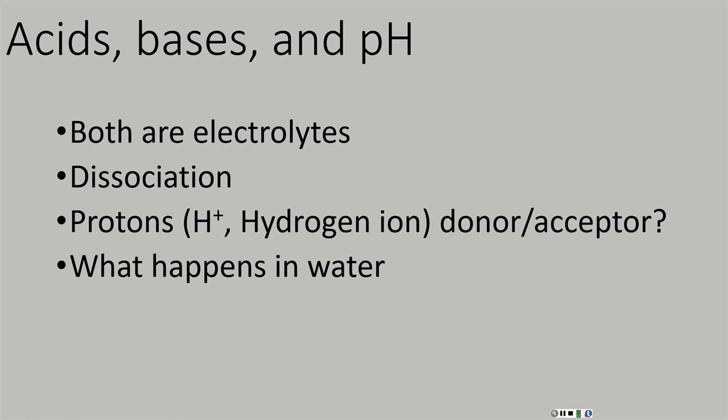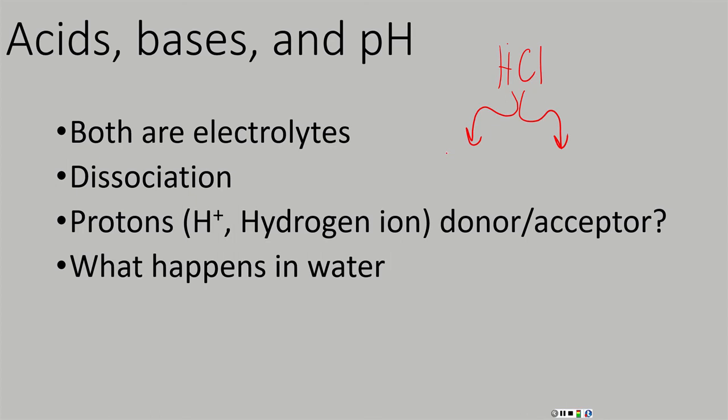So let's look at an example. Let's look at something called hydrochloric acid, HCl. And we're going to look at what we mean by dissociation. When we put an acid in water, it's always going to do the same thing. It's going to dissociate. But we can go even further. It's always going to fall apart or dissociate in a very predictable way.